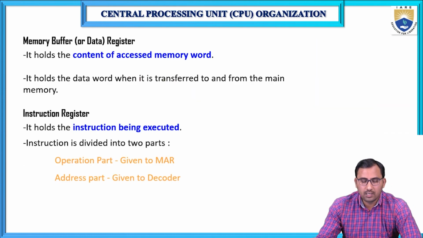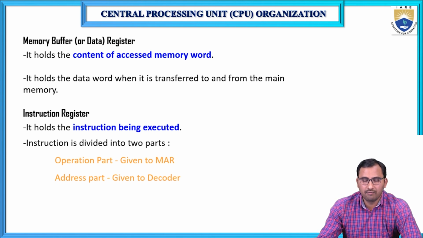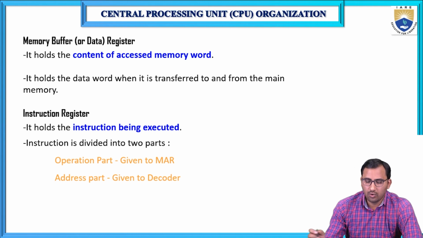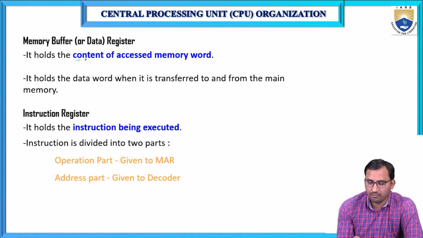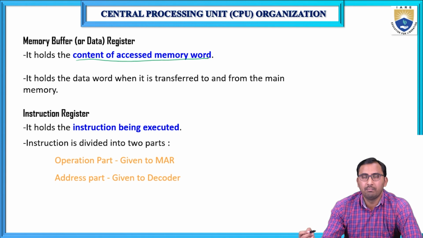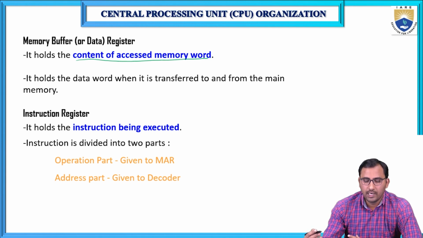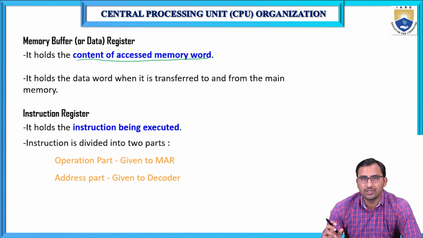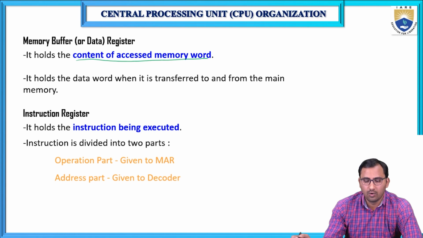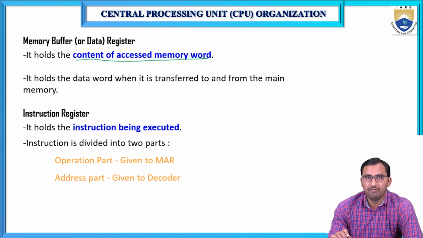And coming to the memory buffer register, or we can also call it the memory data register. It holds the content of the accessed memory word. That means in that particular location there is data present, and that data will be held by this memory buffer register or memory data register.